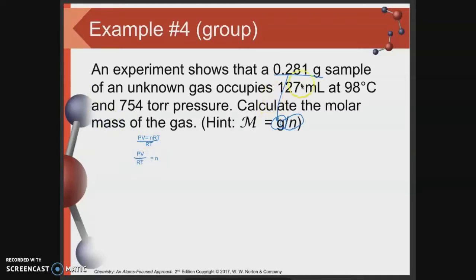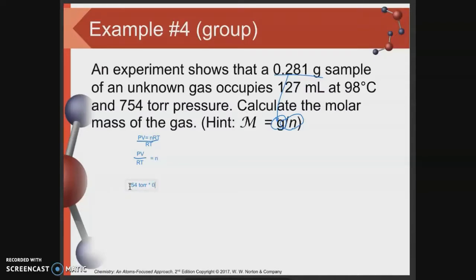And so that's where we're going to input our values to solve the rest of this. Our pressure is 754 torr. Our volume is 127 milliliters. We need to turn that into liters.